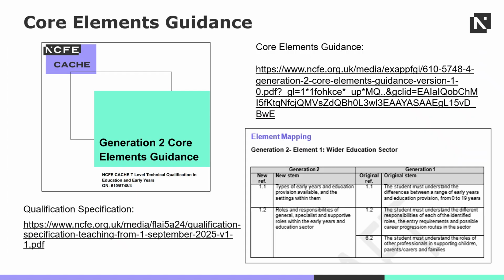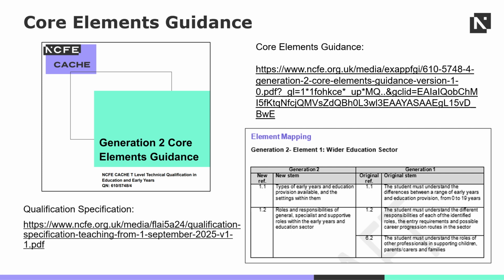We have created a guidance document containing more detail around how the Generation 2 core elements align with the Generation 1 specification. Where applicable, we have mapped the new core elements to the Generation 1 core elements to support planning and delivery for providers who have been delivering the qualification before the introduction of the updated specification.